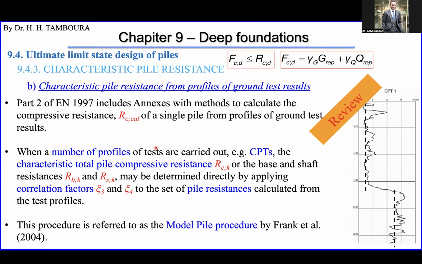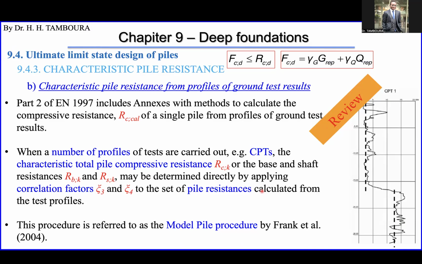Before we start, I would like to remind you this. In the previous lesson, we have learned that it was possible to design pile from CPT data, okay, CPT profile, and we can estimate both base resistance and shaft resistance.